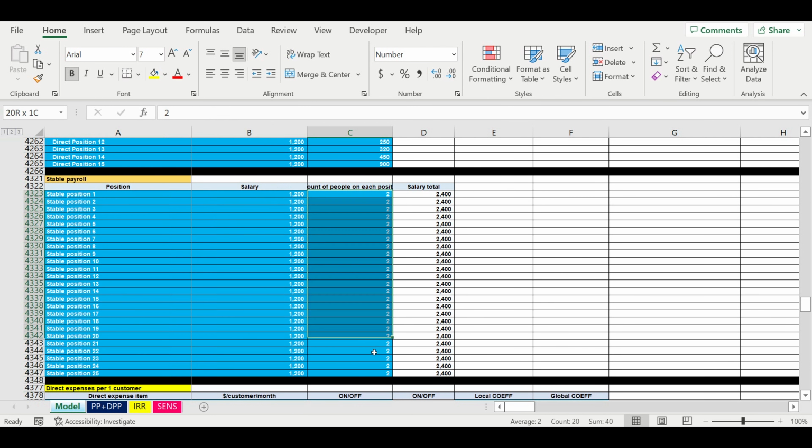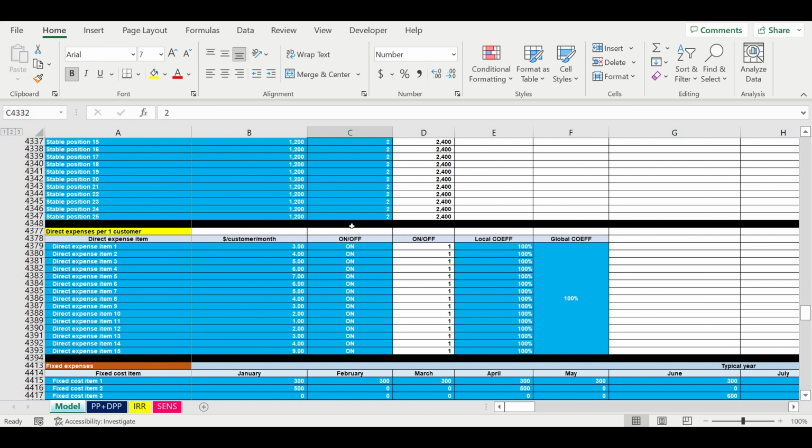Then we may also have some block of direct expenses per one customer. So for example, here we can name all the direct expenses. Then we specify the level of expense per one customer per month for this expense item.